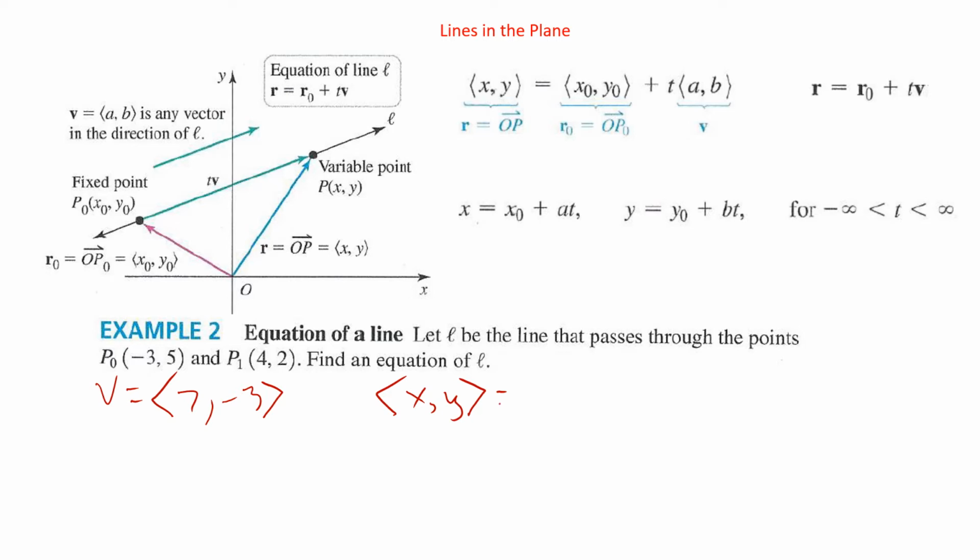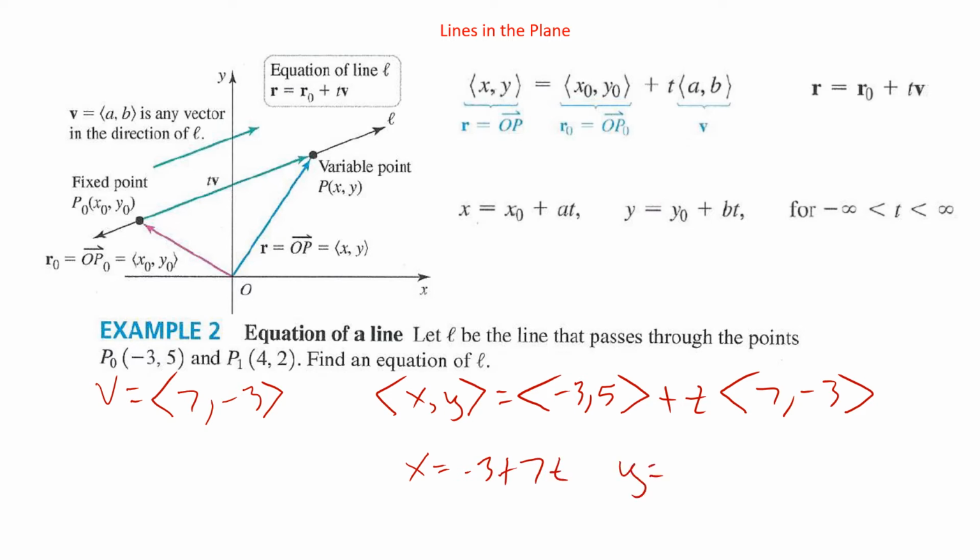Vector xy will equal negative 3 comma 5 plus t times 7 negative 3. There we go. We could change that into parametric if we wanted to. X equals negative 3 plus 7t. Y equals 5 minus 3t.